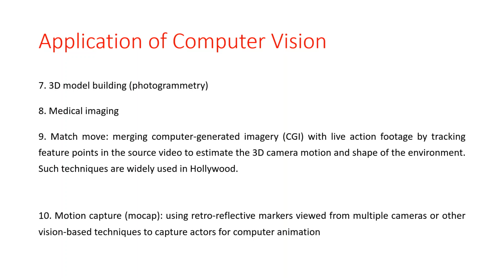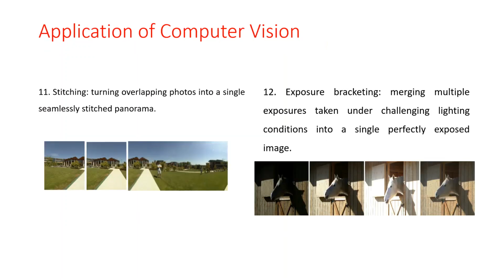Next is motion capture, or mocap. Using motion capture, retro-reflective markers viewed from multiple cameras or other vision based techniques capture actors for computer animation. The next application is stitching: turning overlapping photos into a single seamlessly stitched panorama.